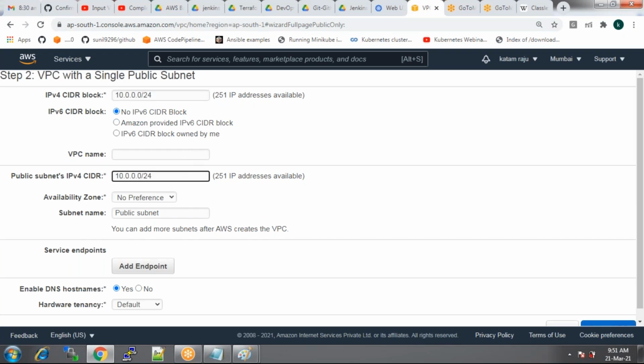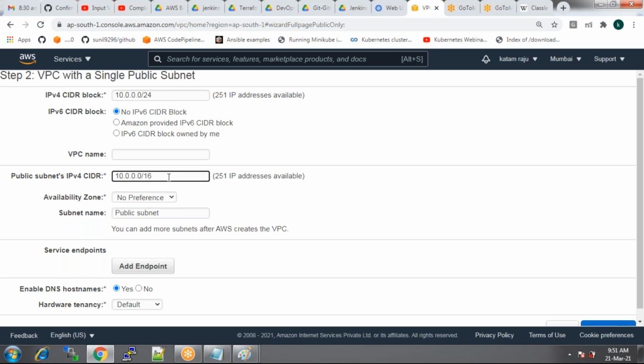Now, what is the subnet CIDR block? Again, class C, which is /24. Now, can I make it /16? No? What? Subnets must be within the range of VPCs, because subnets are part of VPCs, right?